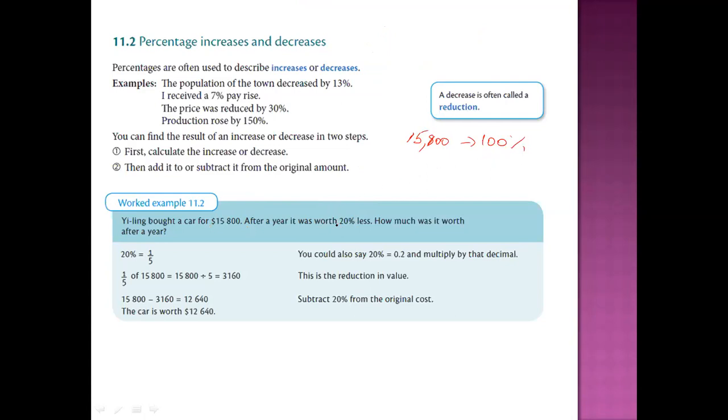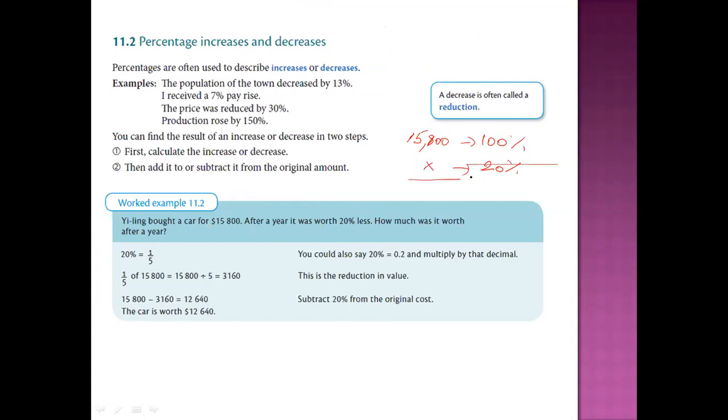After 1 year, it's worth 20% less, so what is the new price?